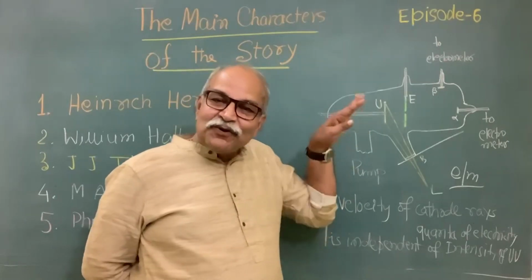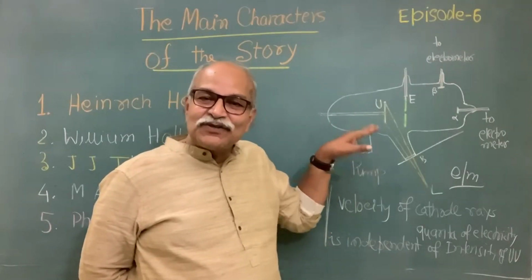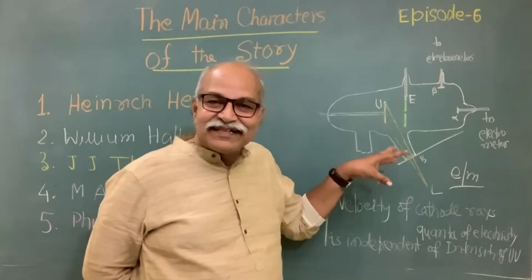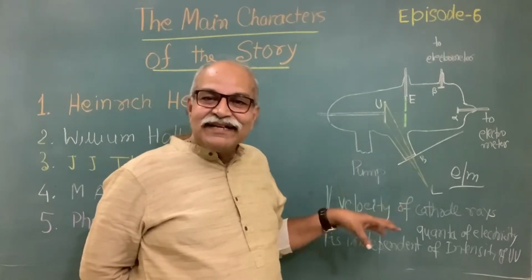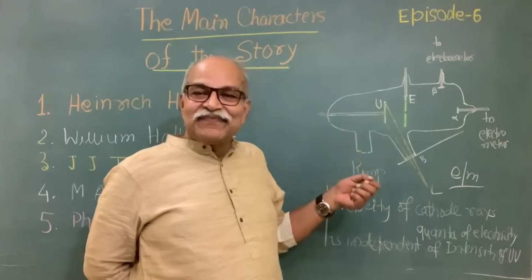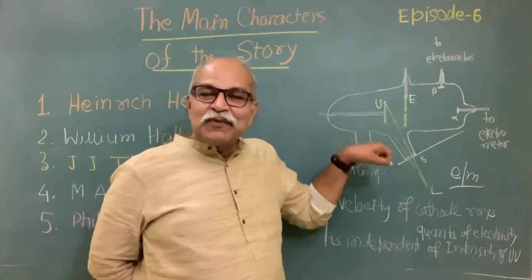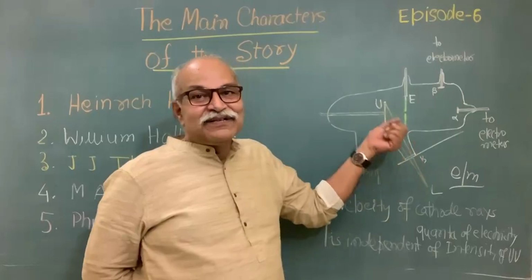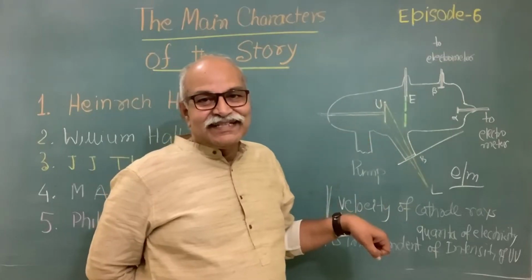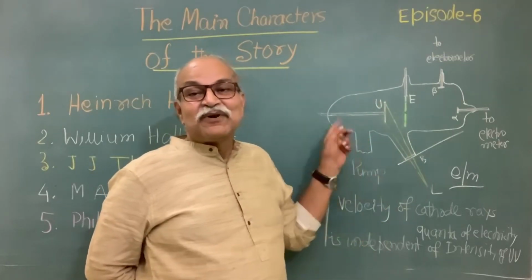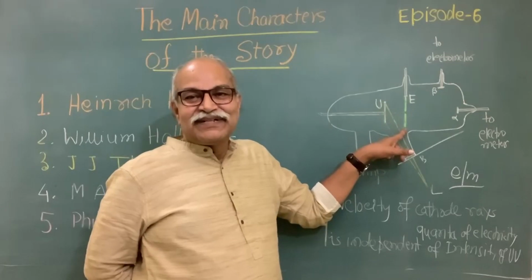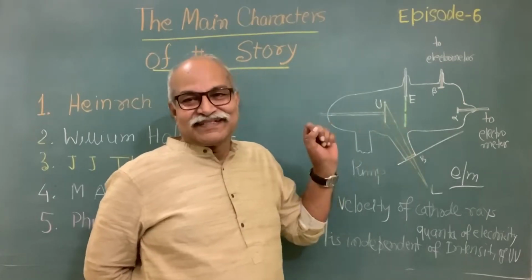But the energy is already there. The energy was already there. They were oscillating there with some energy. The light is only triggering those quanta with appropriate energy which are resonating with the light frequency to come out of this metal. So this was called triggering hypothesis.